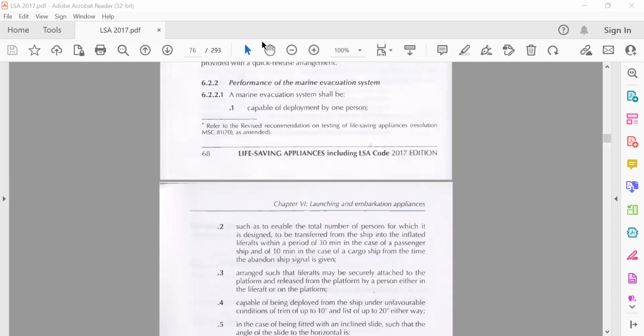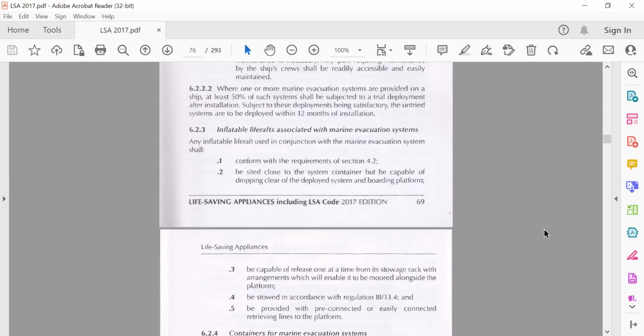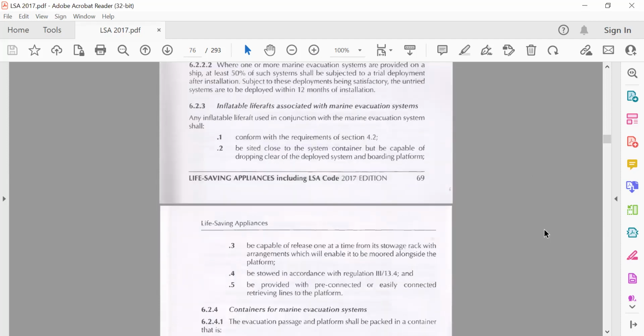Okay, sir. So I'll quickly go into inflatable life raft. On life raft 6.2.3, inflatable life raft associated with marine evacuation systems.